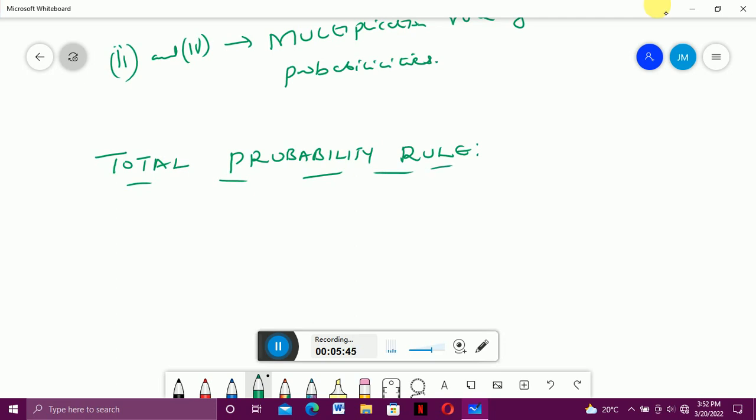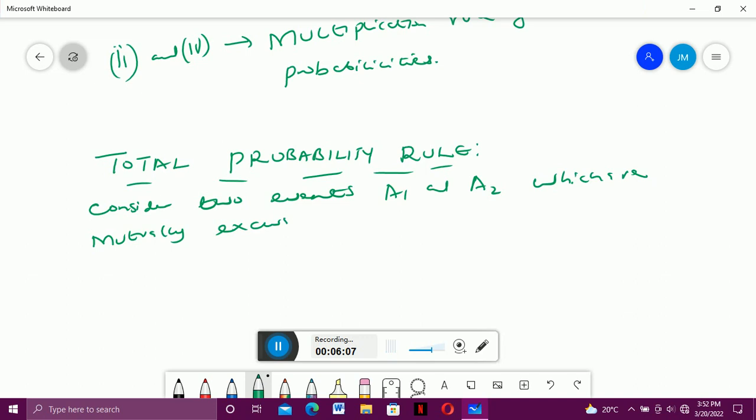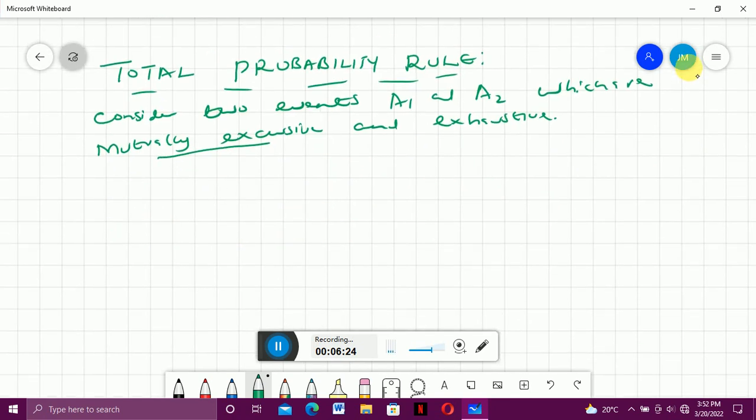So under total probability rule, we usually consider two events, A1 and A2, which are mutually exclusive and exhaustive. You remember that mutually exclusive events have nothing in common, and exhaustive events make up the whole possibility space.